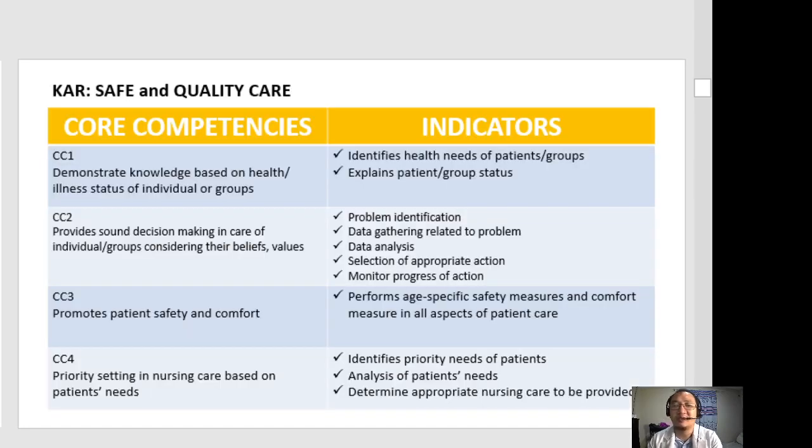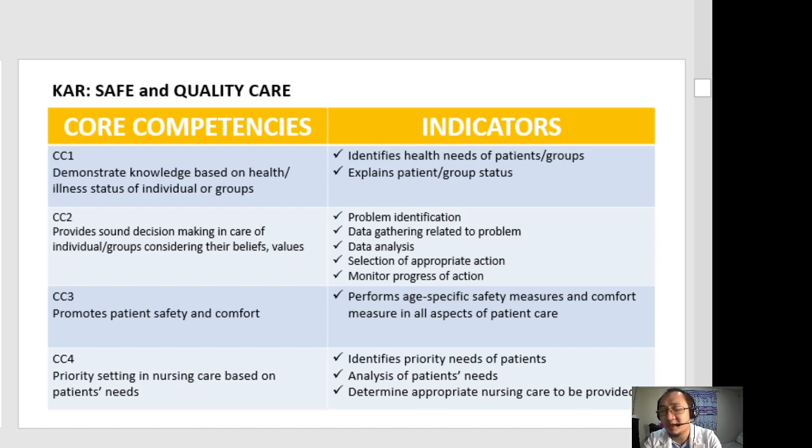Okay, so I hope you can see this clearly. So first, key area of responsibility, safe and quality care. We have here on the left of your screen the core competency, and on the right are the indicators.